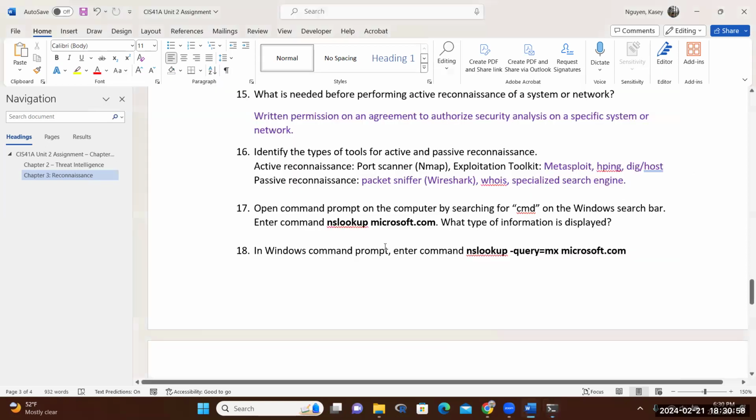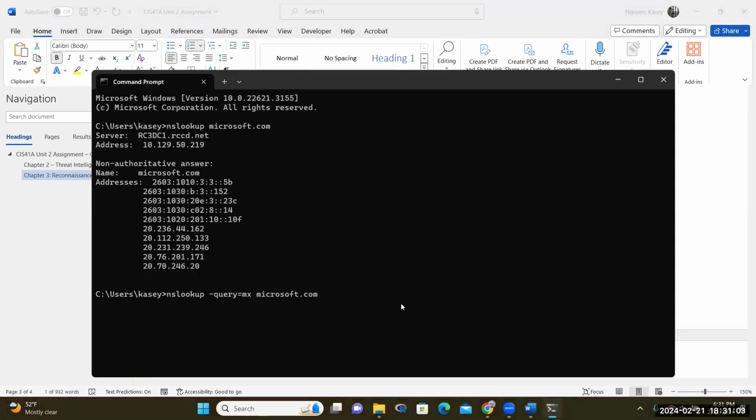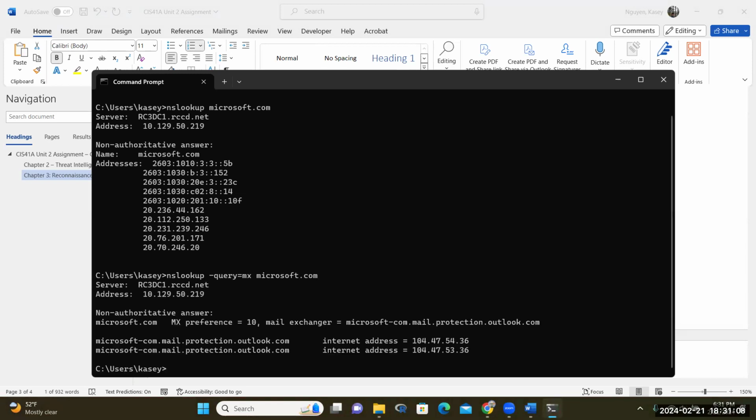So you want to specify your parameter of the record that you're searching. So when you do that, it will tell you the preference information from that domain that is a mail exchanger, and that's where it is. Okay, that record belongs to this. And then the internet address.